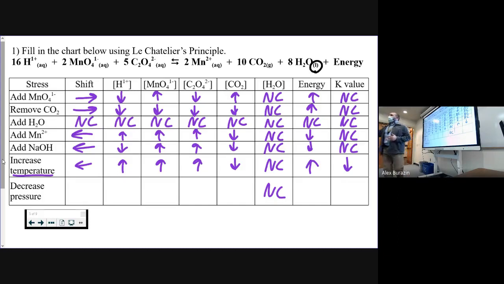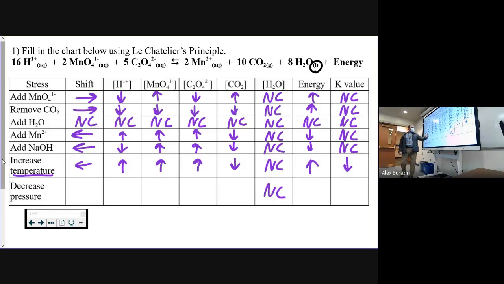You can increase the temperature of one reaction and K gets bigger. You can increase the temperature of a different reaction and K will get smaller. It's not about whether the temp goes up or down to determine how K changes. It's everything about which way you are going.